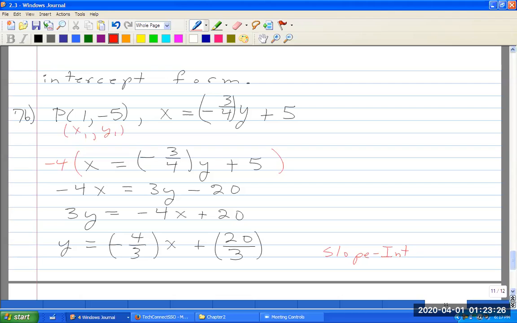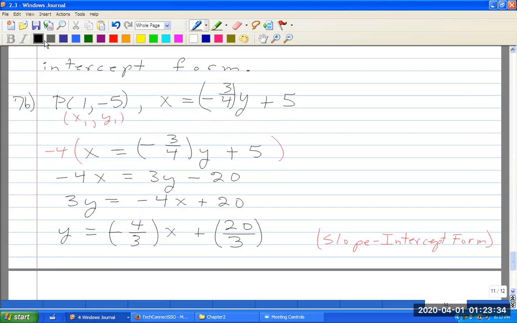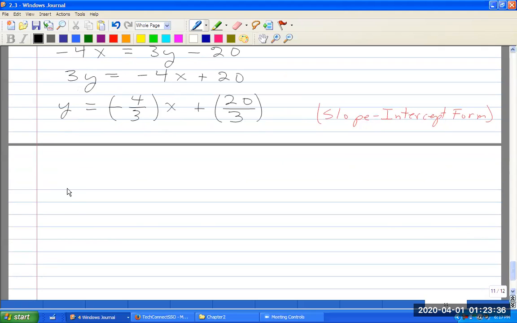Since we wanted to determine the slope of my line, we use the slope-intercept form. And so in this, I see that the slope of my line is equal to negative 4/3.